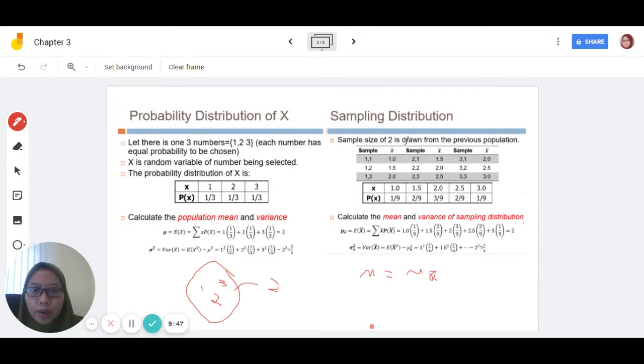As for the variance, the variance of the population divided by the sample size, which is 2 over 3 divided by 2, gives 1 over 3.